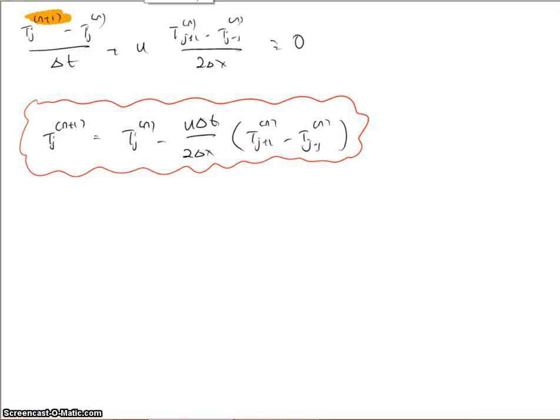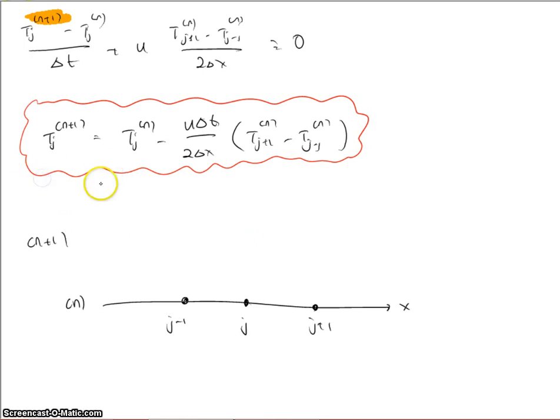If you're going to solve this, this would again be your axis x. You have your 3 points at j, j-1 and j+1. If this is time level n, you will be solving for time level n+1 here. In order for you to find the solution at point j at the next time level, which is this point right here, you will need contribution from this point, and this point, very similar to your parabolic PDE scheme.